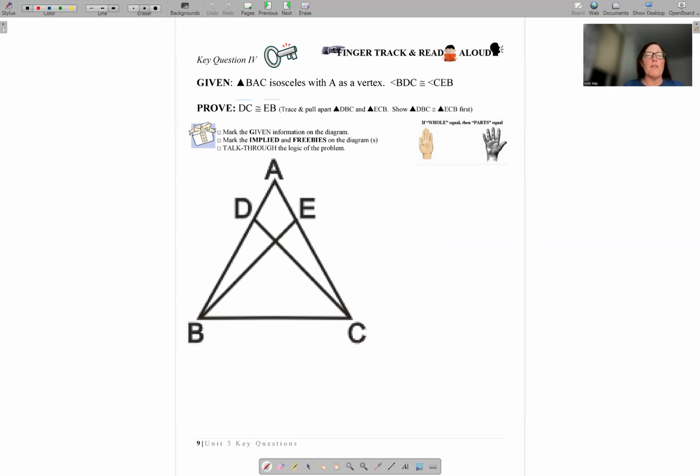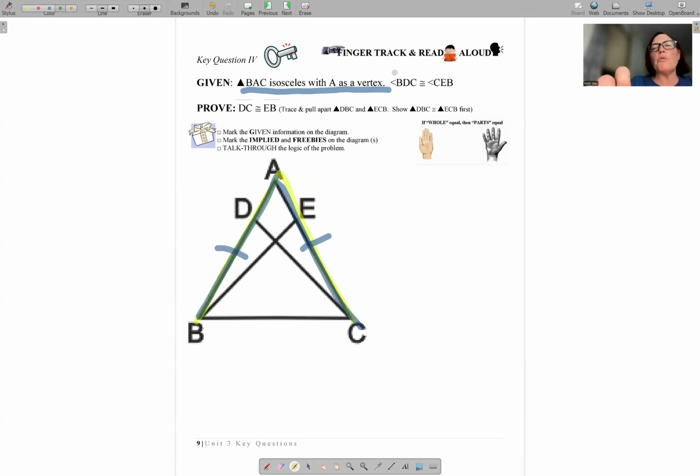Let's see what we have here. Says right here that triangle BAC is isosceles with A as a vertex. That means I have 2 equal sides.